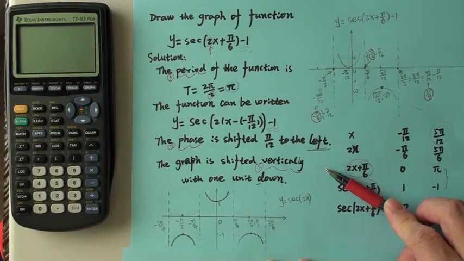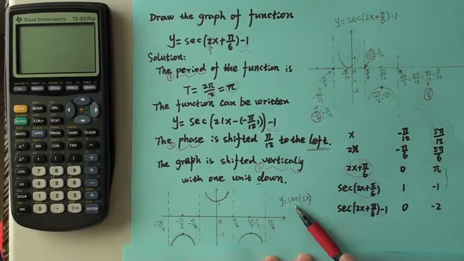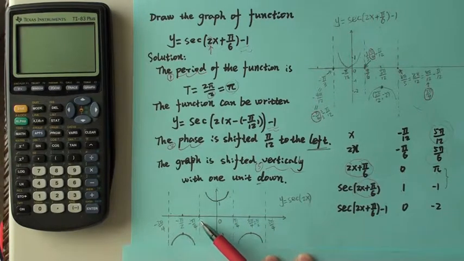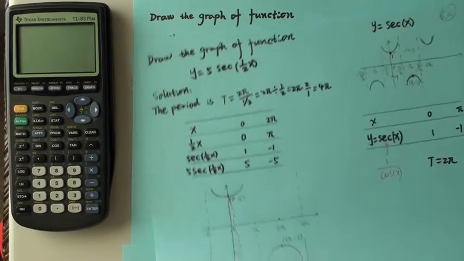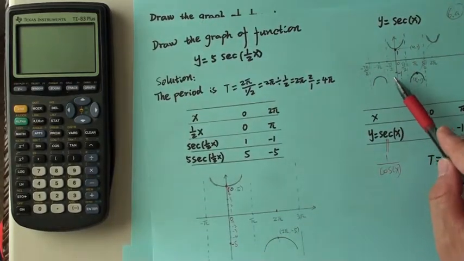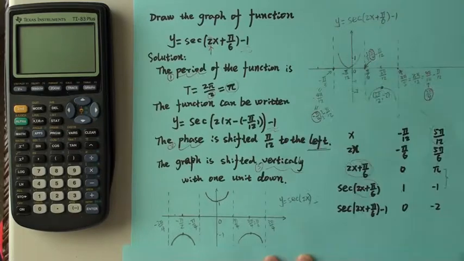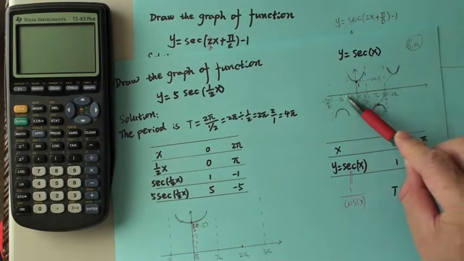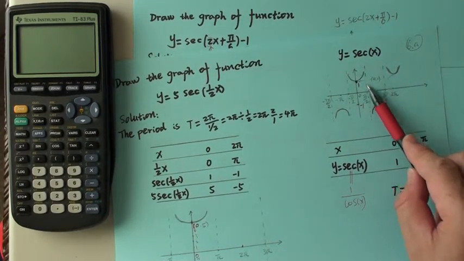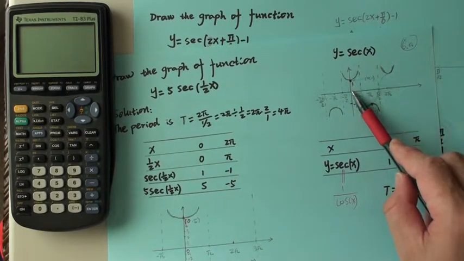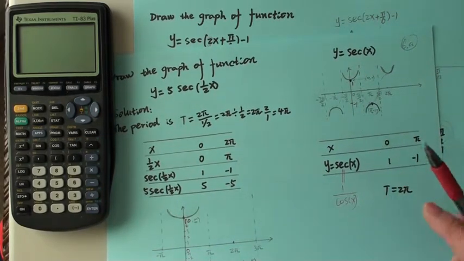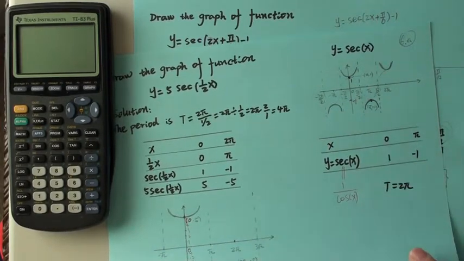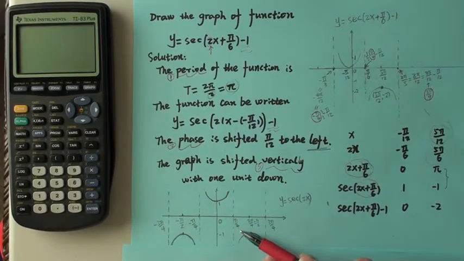You see, down here for this picture, secant 2x, instead of negative pi over 2, you have a negative pi over 4, right here. Here is pi over 2, the first asymptote close to the y axis, and here would be pi over 4.